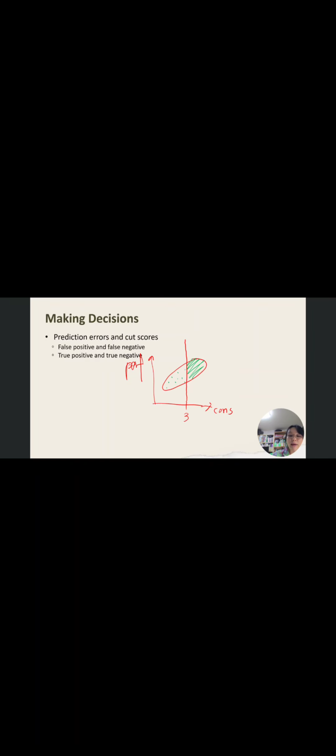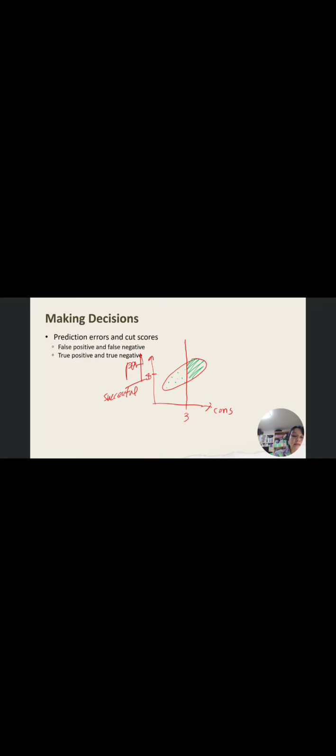So when you make these predictions, and then once they start their jobs in organizations, let's say the performance rating goes from 1 to 5, and someone with a rating of 4 out of 5 is considered successful.